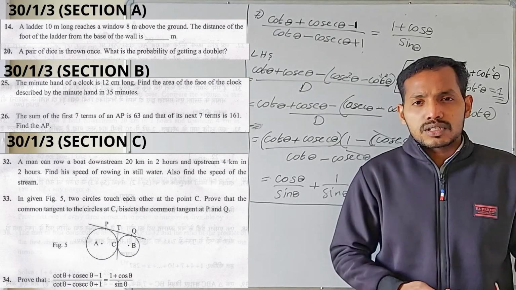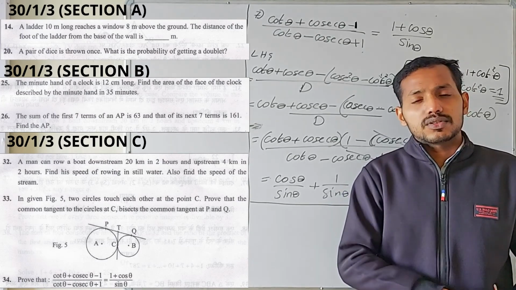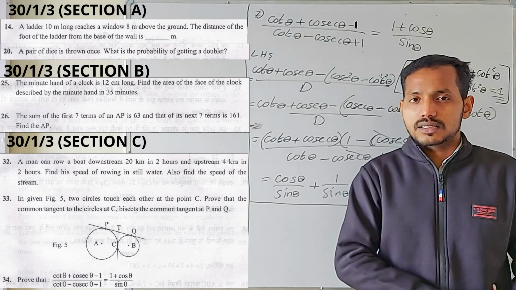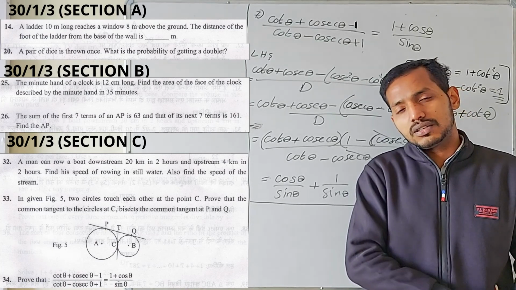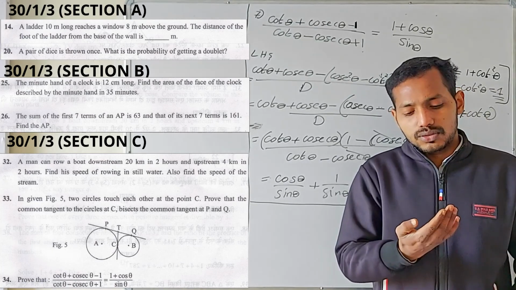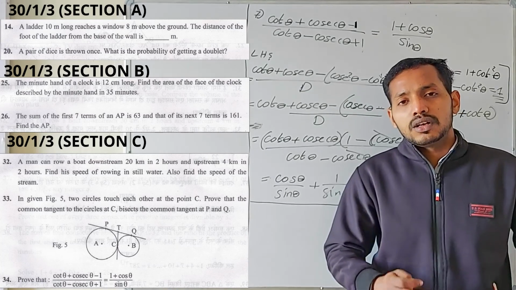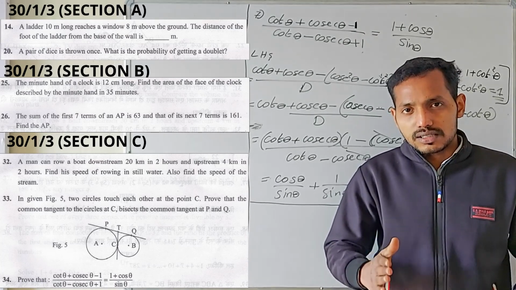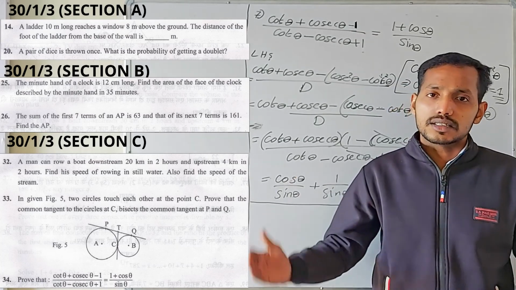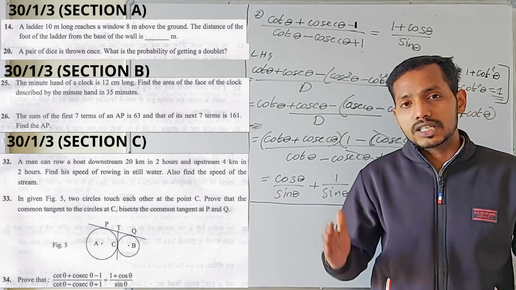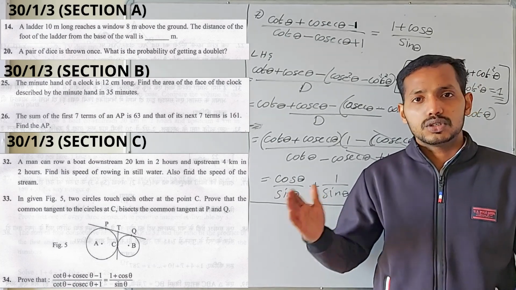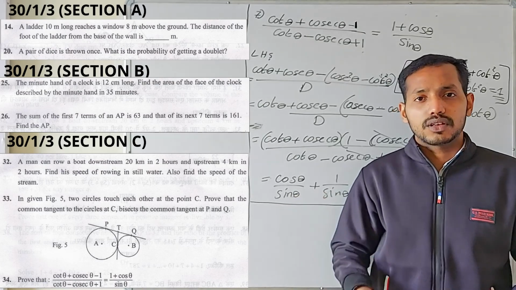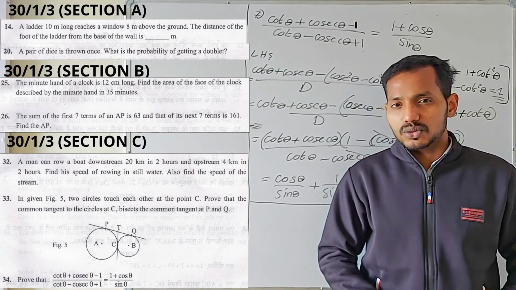By analyzing the question paper, we found that some questions are asked directly from the exercises or examples given in the textbook. So I am going to wind up this video. In the next video, I will discuss the questions from the second set, that is 32.1, 32.2, 32.3. Okay, so thank you for watching.